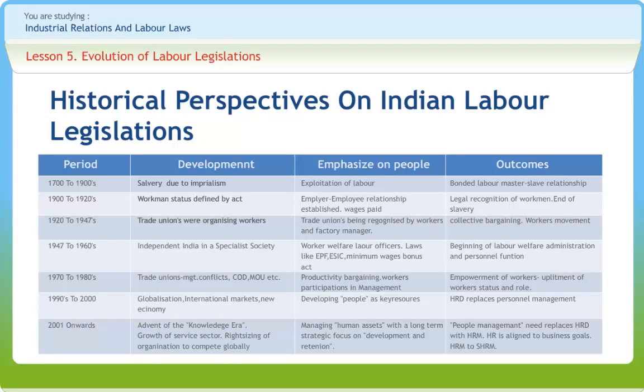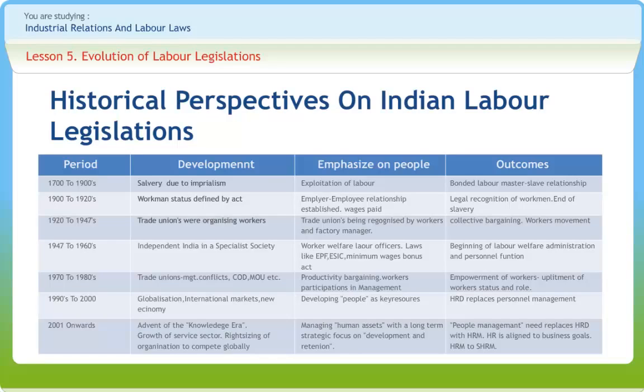After independence, legislations related to worker welfare like the Provident Fund Act, Employee State Insurance Act, Payment of Bonus Act, and Payment of Gratuity Act were enacted with the intention of providing security and retirement benefits to workmen.